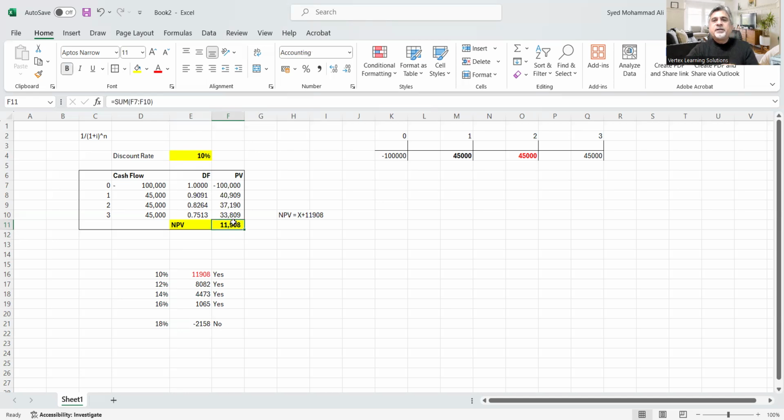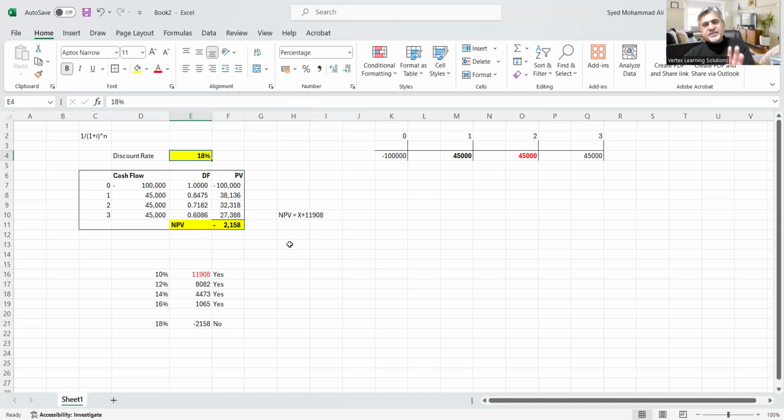Let's do it. But if I borrow funds at 18%, if my cost of finance is 18%, which means I have to give my investors 18%, this project is giving me minus 2,158. That means if I invest in this business, I will not be able to pay back 18%. I have to take 2,158 out of my pocket and give it to investors. So I say no, I'm not taking this project, because it is not able to satisfy this cost of capital.